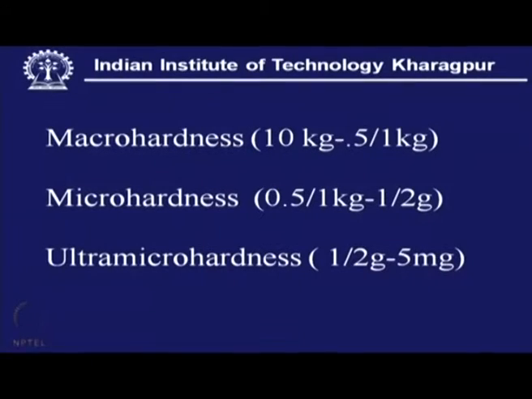That means macro hardness, then we have micro hardness, and finally it comes to the ultra micro hardness. So, macro hardness is mostly applicable for a bulk material.